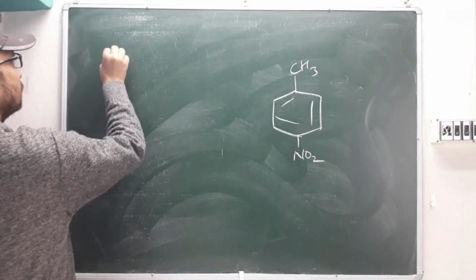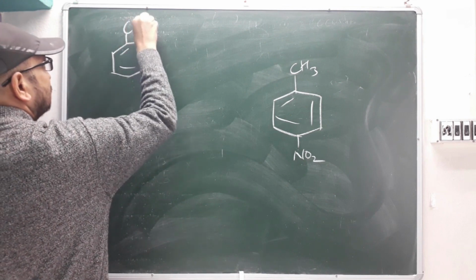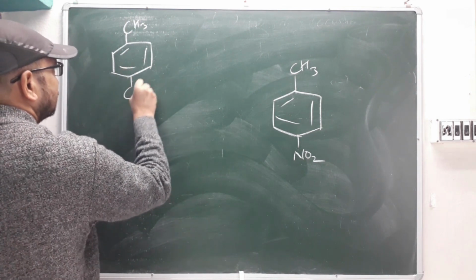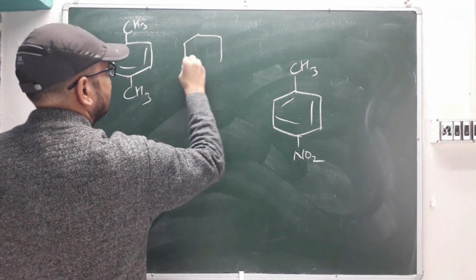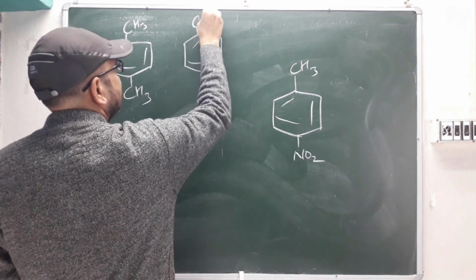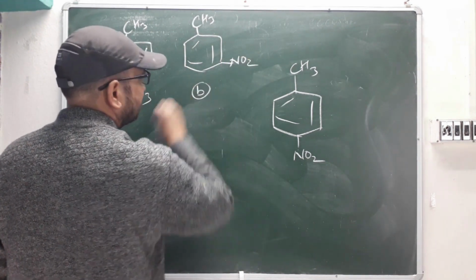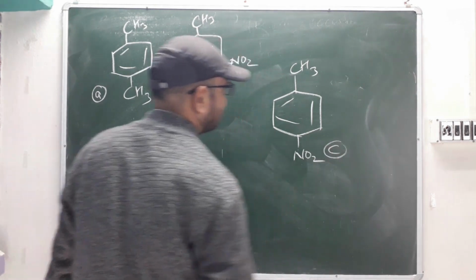This is one compound, this is another compound, CH3, I'll write this is A, and then CH3, NO2, this is B, and these three you solve, okay.